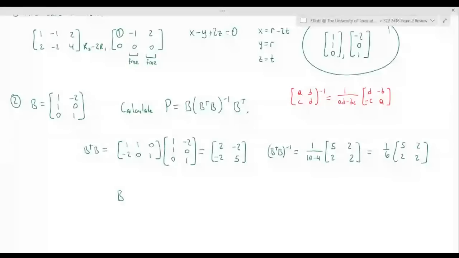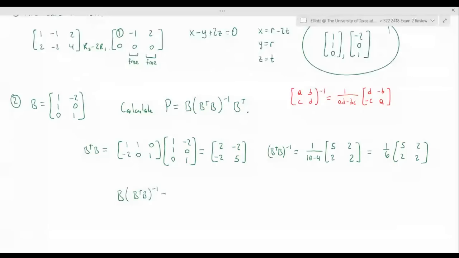Off-diagonal entries, okay? Now we need to multiply B, then B transpose. So if we do B times B transpose inverse, B inverse first.